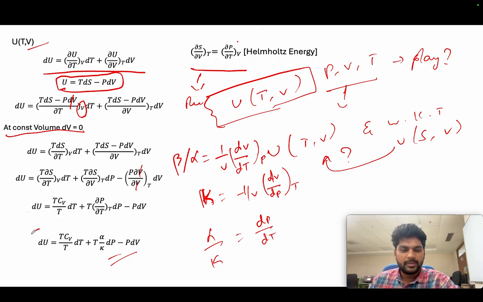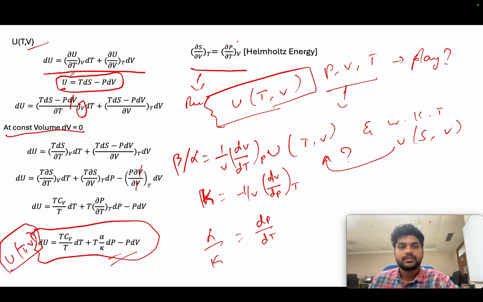If anybody asks you to find the change in internal energy with respect to t comma v, this is another way you can find it. For the first method we need to remember everything, how to go from here to here. For this you need to remember only the reciprocation formulas and the Legendre transforms. If you remember these two, it will be easy to solve the problems.